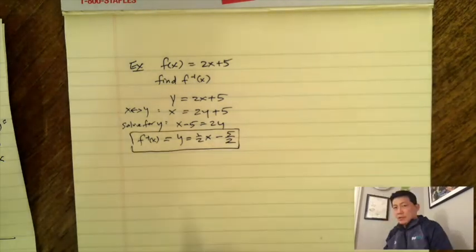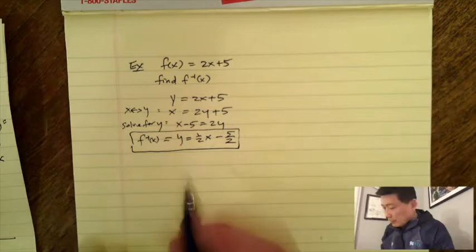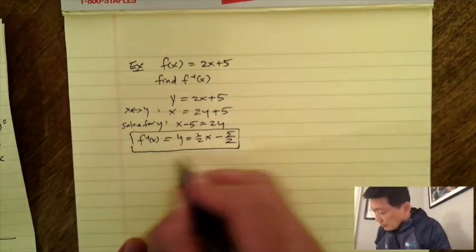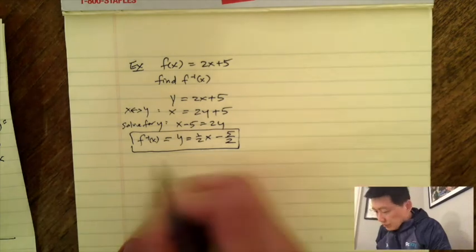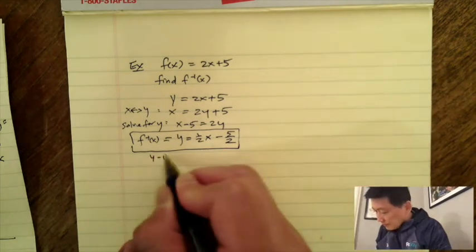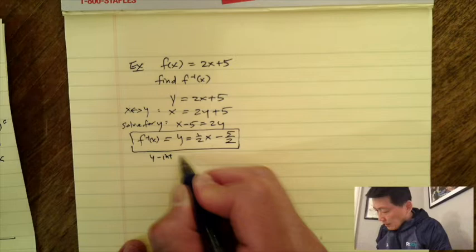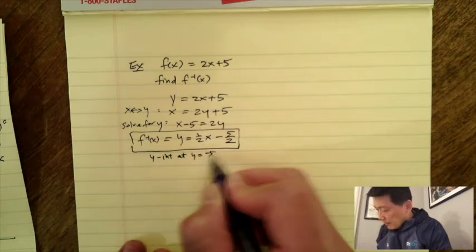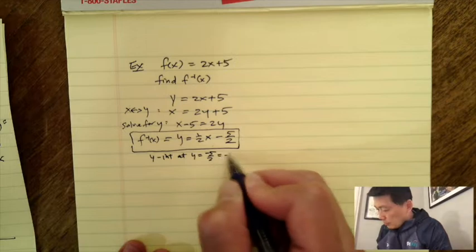Now if you look at this function, it's very simple. We can actually simply graph this. When we graph this, we know that the y-intercept is at y equal to negative 5/2, or negative 2.5.